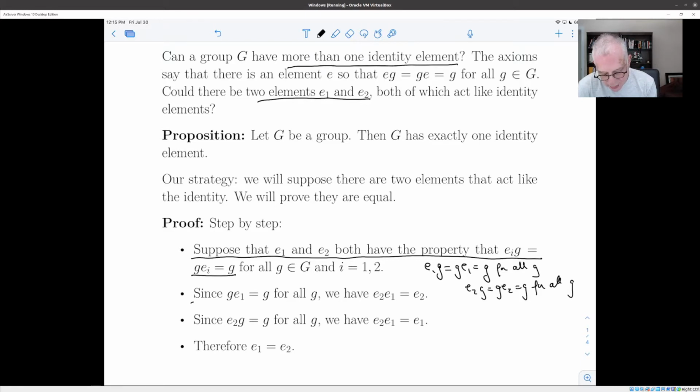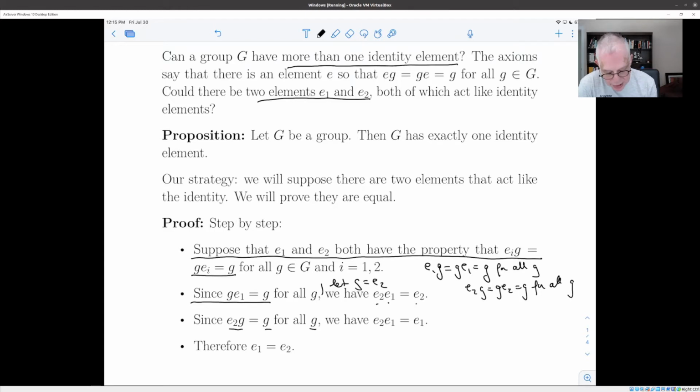So first of all, we know that since g E1 is equal to g for all g, that's the identity element's property. In particular, if we take g equal to E2, then we would have E2 times E1 is equal to E2, because that's true for all g. On the other hand, E2 is also an identity element, and so it acts on the left. We know that E2 g is g for all g.